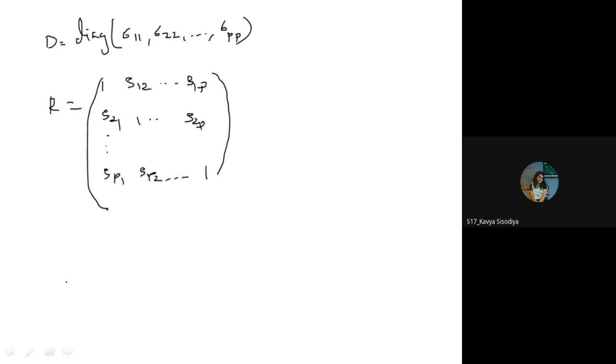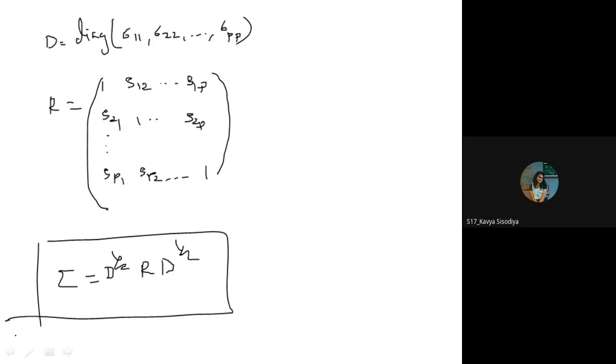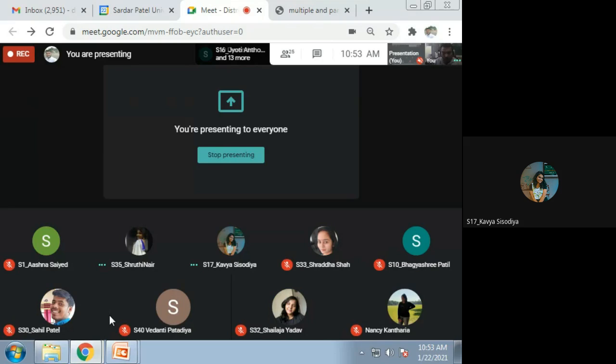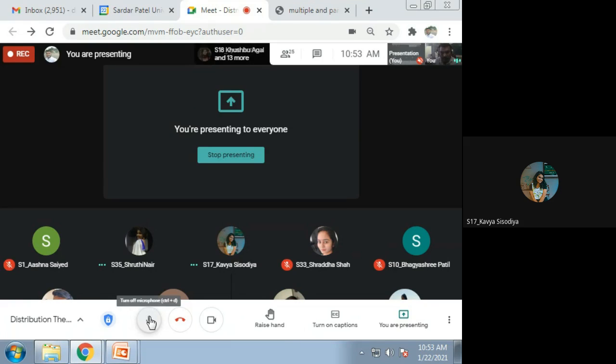Okay, so that means I can write sigma is nothing but D raised to half, correlation matrix, D raised to half. Just one minute. Is that clear? Just check, verify whether I have written it correctly or not.